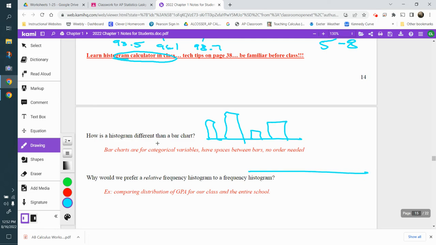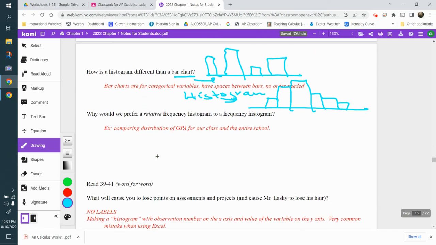And a histogram will create a continuous looking graph like this. So this is a histogram. And this is a bar chart. That's a bar chart. Okay. So that's the difference between the two.